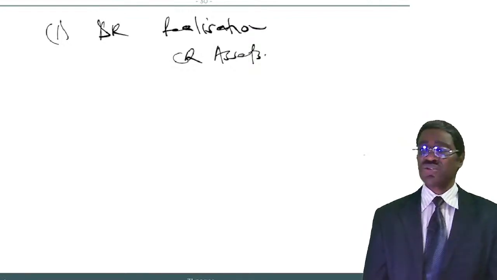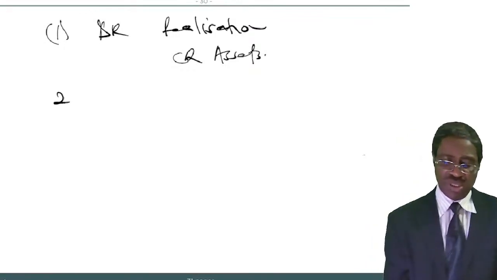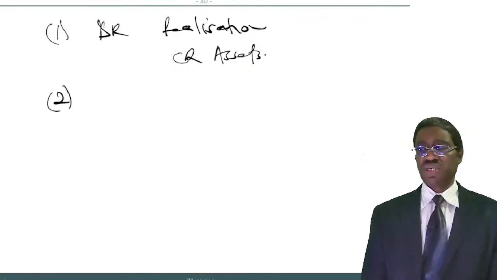Debit realization, credit assets. Number 2, let's go to number 2.